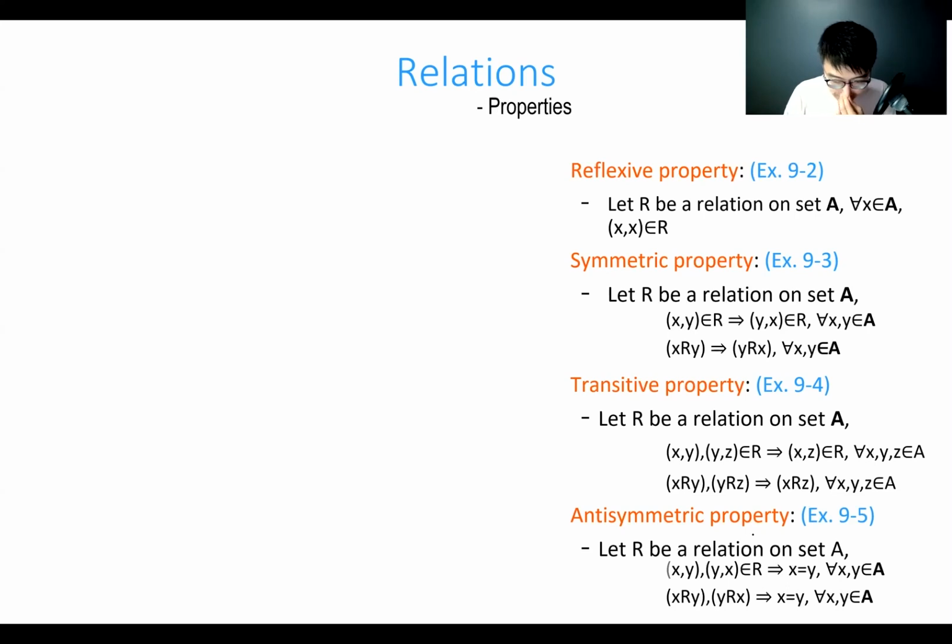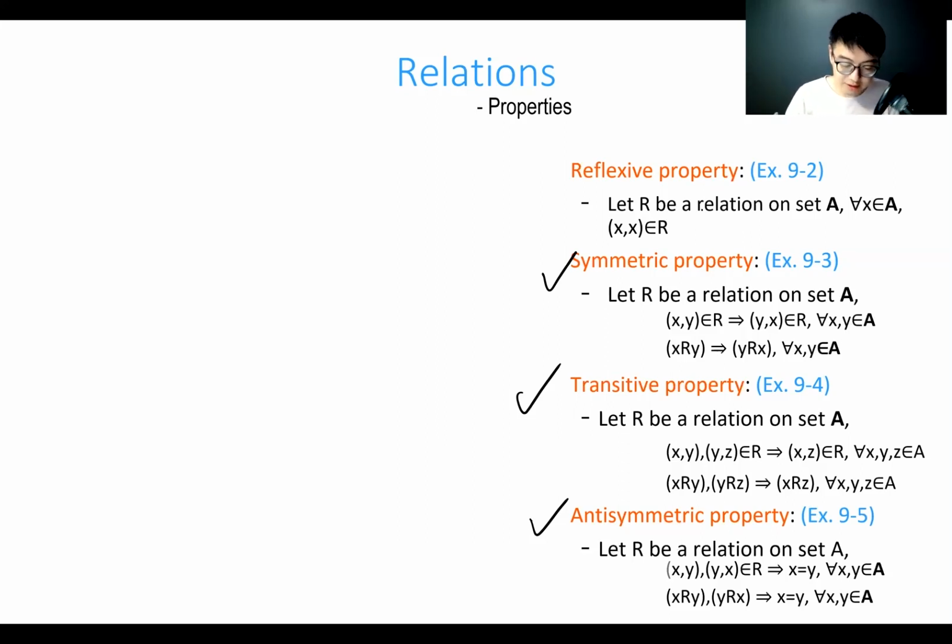Okay, so another thing that I want you to see is that the symmetric property, the transitive property, and the antisymmetric property are all in the form of implies. Okay, so these are a little bit different from the reflexive property because the reflexive property is just for all x, xx has to be there, right? That's the only requirement. I don't care what else is there, right? As long as xx is there, it is reflexive.